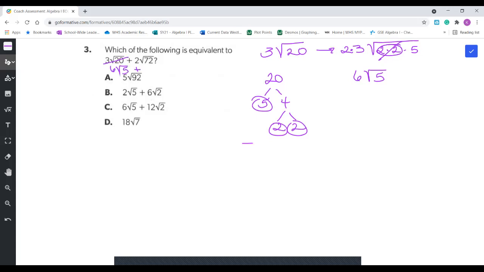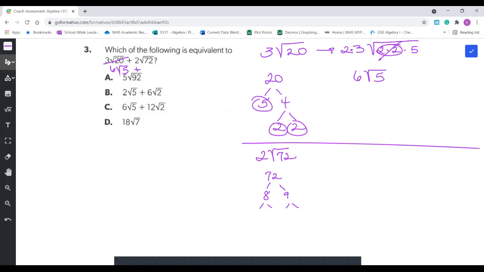All right, so now let's do 2 root 72. I'm going to take 72, and we're going to do prime factorization. I have 8 times 9 as the most obvious factors of 72.